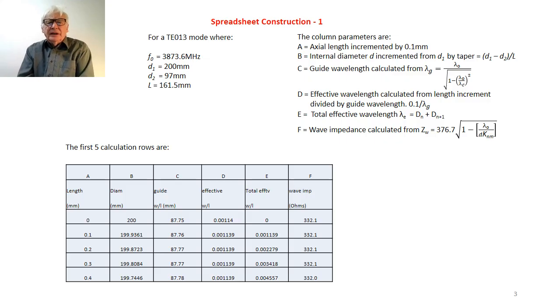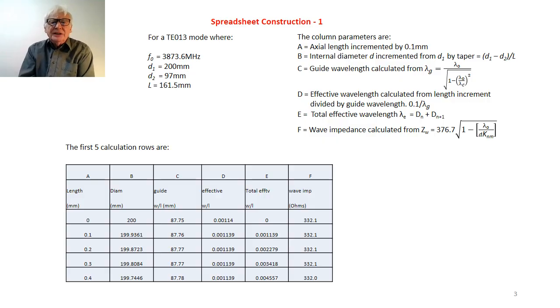And we then integrate this effective wavelength over the previous rows to give what we term the total effective wavelength, lambda e. And this effectively is the effective guide wavelength at n, so dn, plus the next one along, which is d of n plus 1.